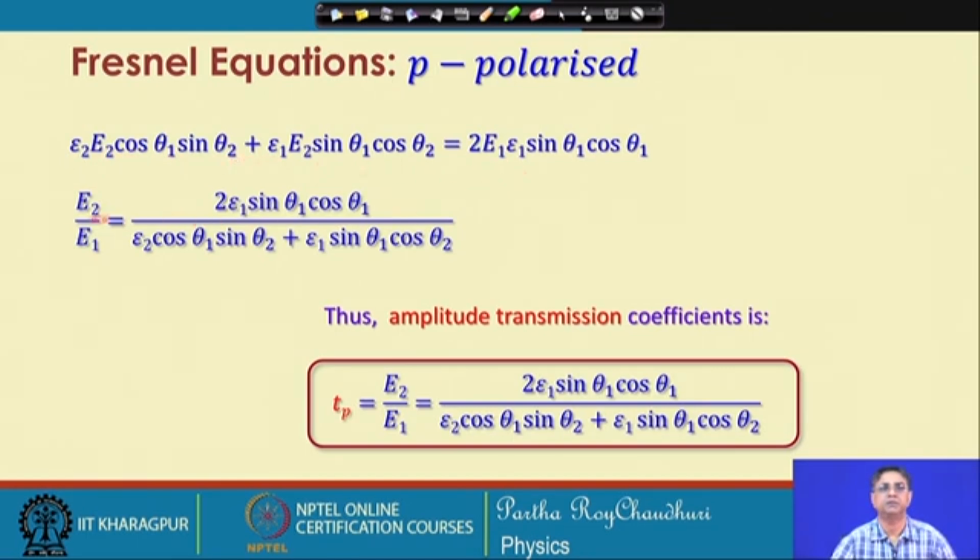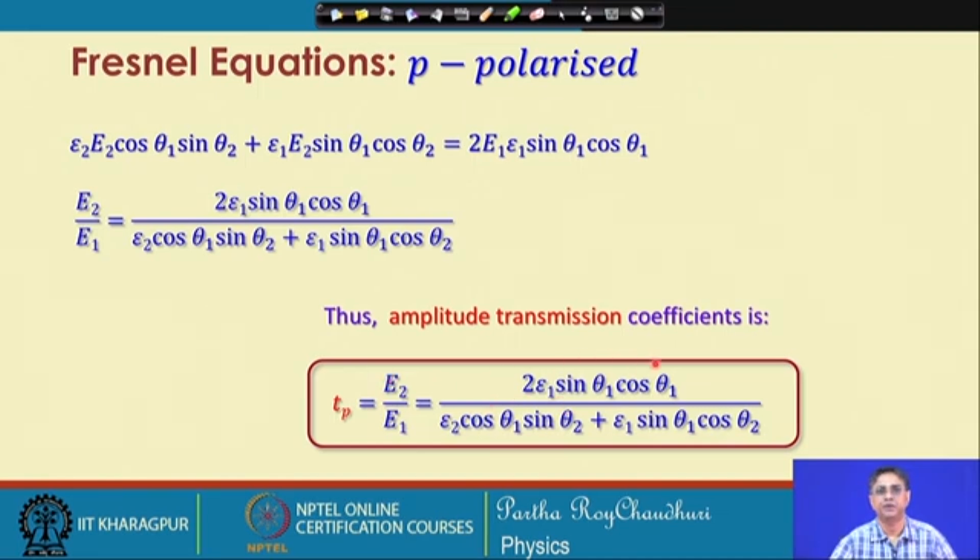So, this time E2 and E1 are now connected by this equation. Thus, the amplitude transmission coefficient, which we will write as Tp for this p polarized light, is E2 by E1, because it is the ratio of the transmitted electric field amplitude to the incident electric field amplitude.